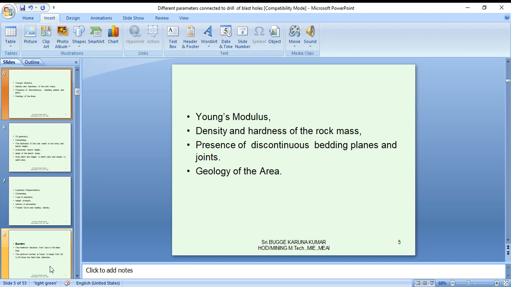That may lead to increased ground vibrations, fly rocks, poor fragmentation, and more dust. So during the geological study itself, you consider the presence of discontinuities, bedding planes and joints. The geology of the area, such as watery nature and other geological parameters, must also be kept in mind.